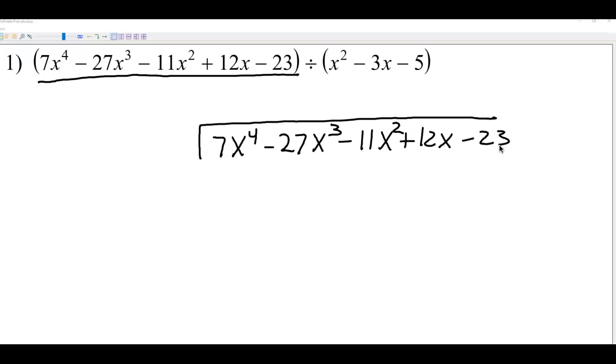And then the other one goes on the outside. The first one always goes inside. If you want to write a little note, you could put first. Second.